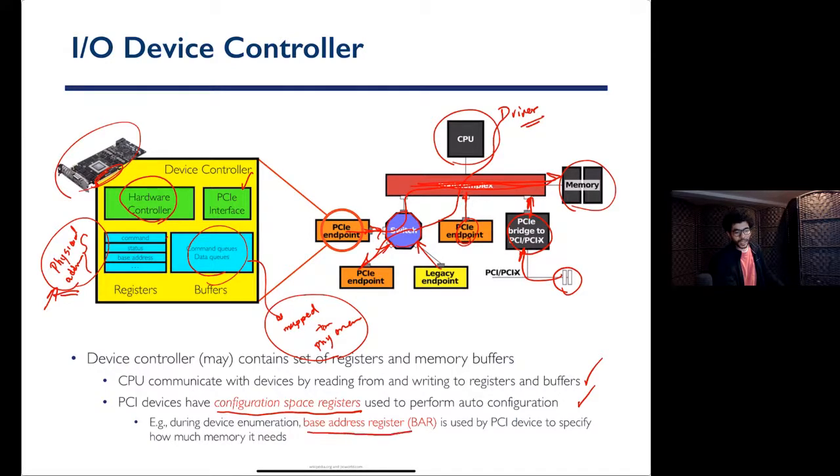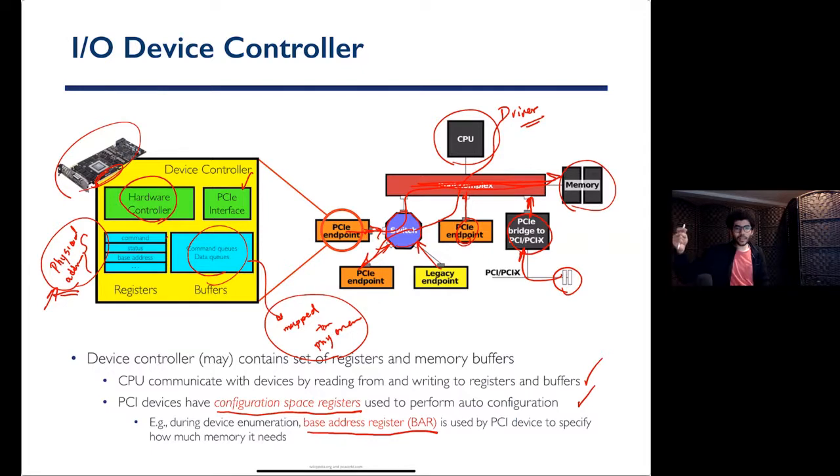it writes to the same register that initially the device set to tell the system how much memory it needs. Once the memory allocation happens and address mapping happens, the BIOS writes to those registers to tell the device that you are mapped to this range. Because the device also needs to know where its registers are mapped.